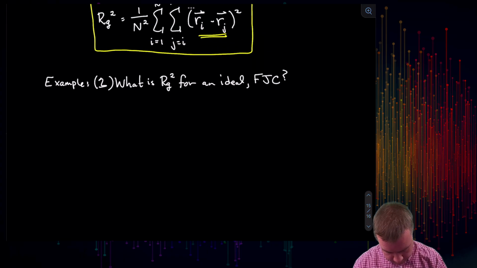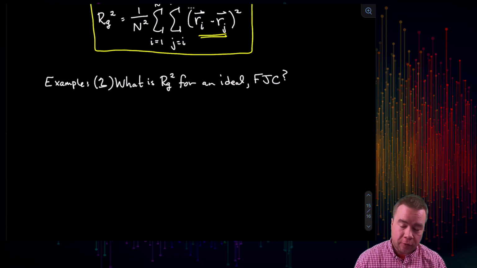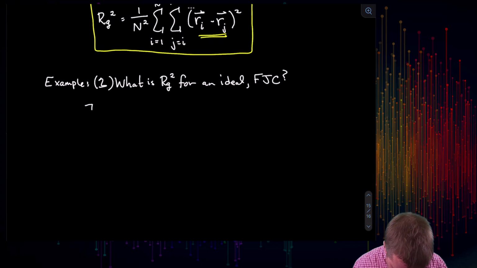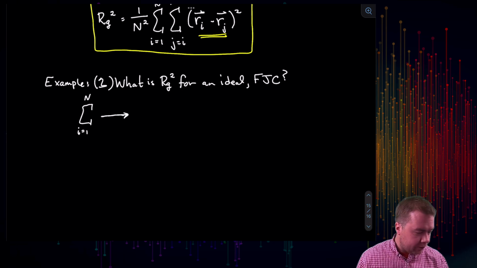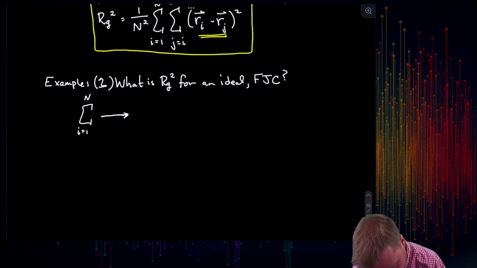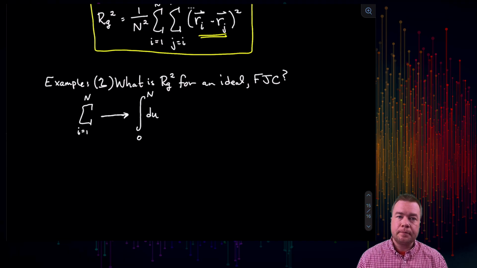Okay, so to do this, we have to convert some things. The first thing is we will convert the summation as i goes from 1 to n to an integral, 0 to n, du.